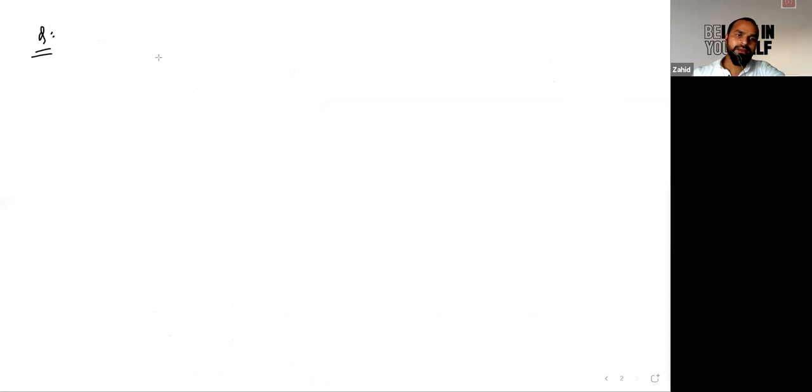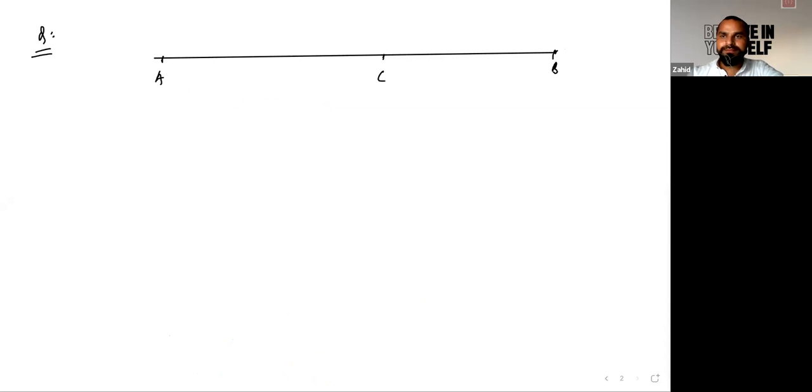Okay, I'm giving you a question related to this. Suppose you have a straight path. This is your A, this is your B, and this is some point C. From A to B is 240 meter, and B to C is 60 meter.